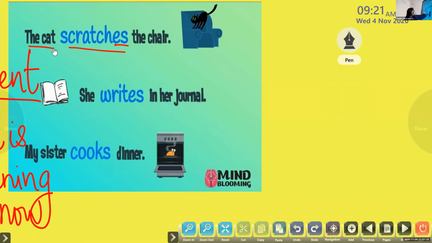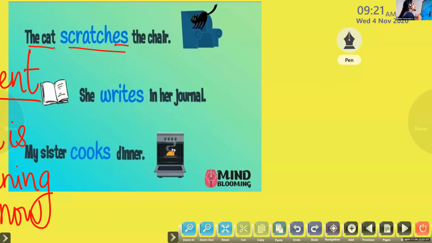Here too, it depends upon the subject. If the subject is singular, to the present tense form we either add s or es to the verb. Clear to all? Children, we have three forms: present tense, past tense, future tense. For each form, we have different ways of writing.